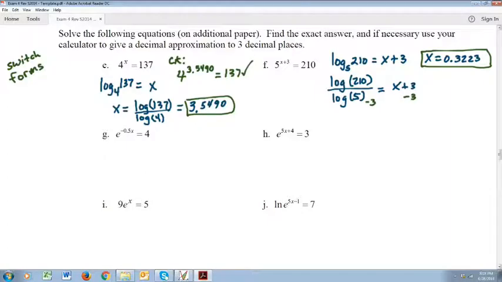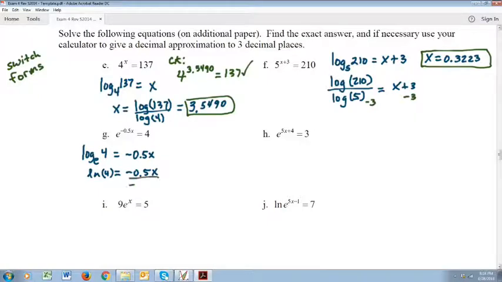On letter G, this is going to be a base e log. Let's see, the exponent goes all by itself on the other side. The 4 goes right there. Now I'm going to write this in the natural log form because we don't usually write log base e. That's what natural log means.